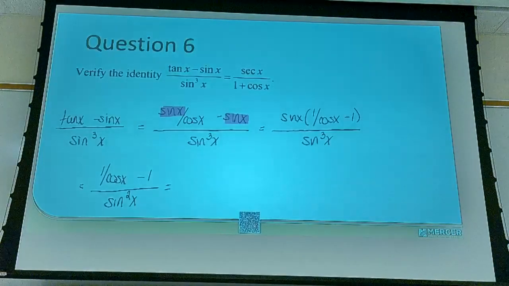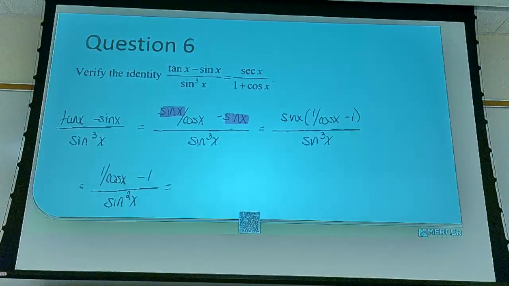Compound fraction. How do you get rid of a compound fraction? There's technically two ways to do it, but I'm going the easiest way. Look at every single term. If you have 1 over cosine, you have 1, and you have sine squared.